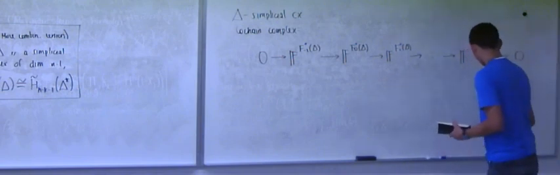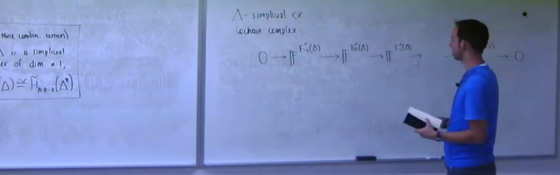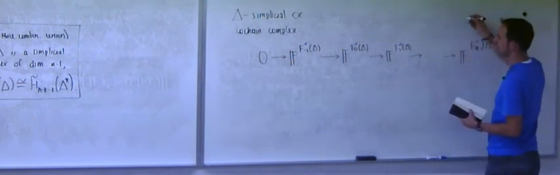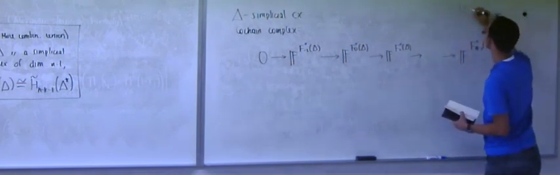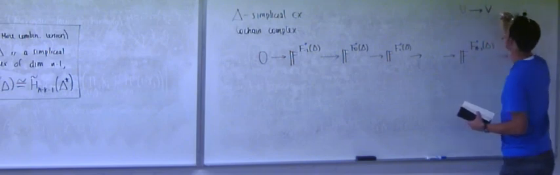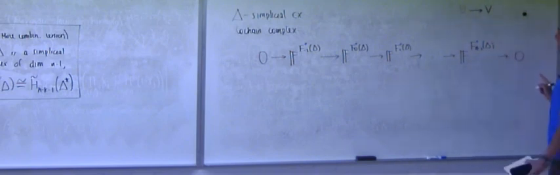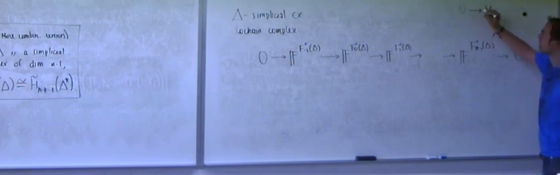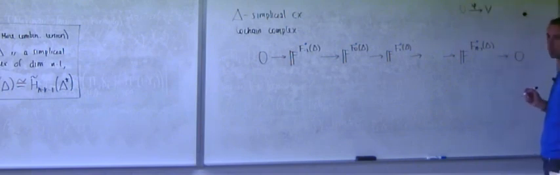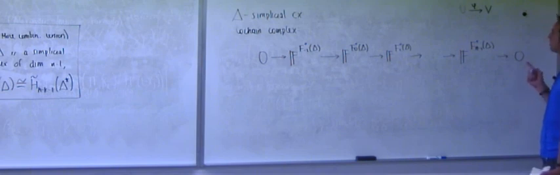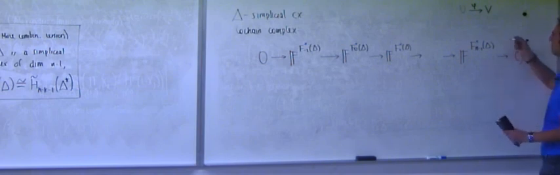Now, the other thing I should tell you is that when you have two vector spaces and a homomorphism between them, a linear map, then that means that you also have a reverse map.